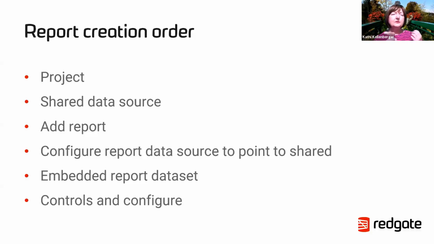The other thing that I'd like to tell you, so once we get our data sources set up, then do the data sets. And once we have the data sets set up, again, you can have more than one, then add your controls and do the configuration. So really it doesn't sound difficult, but over and over and over, I've seen people get confused on these steps.